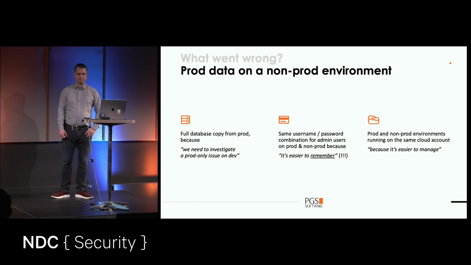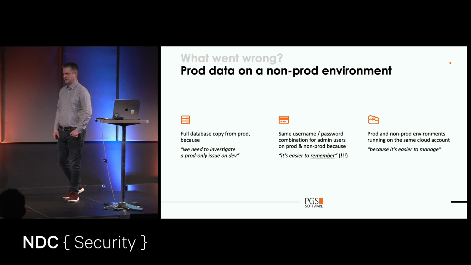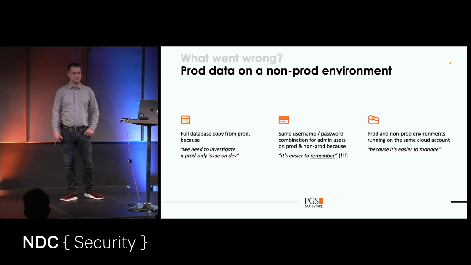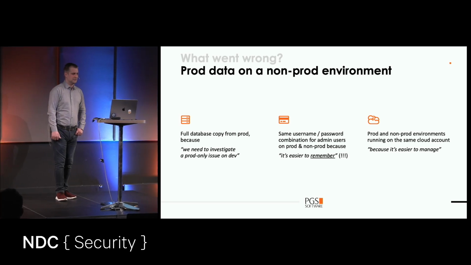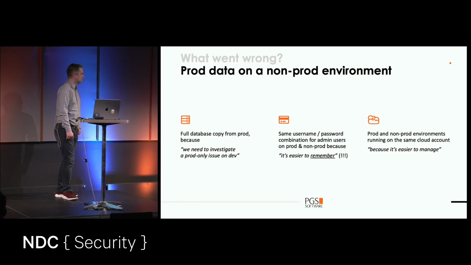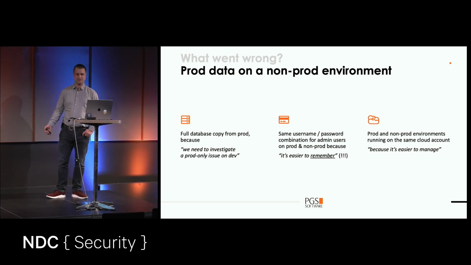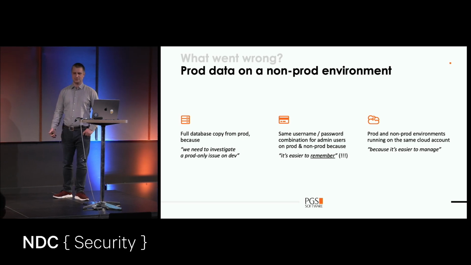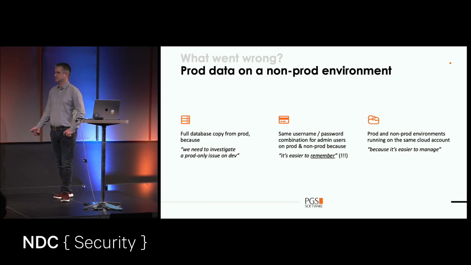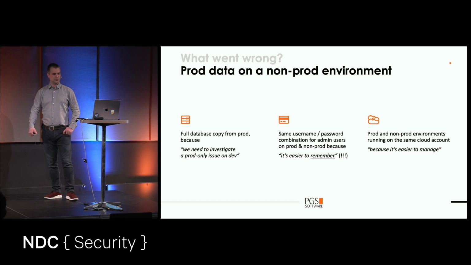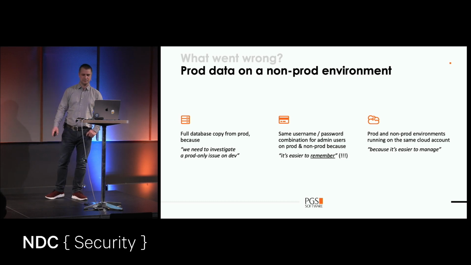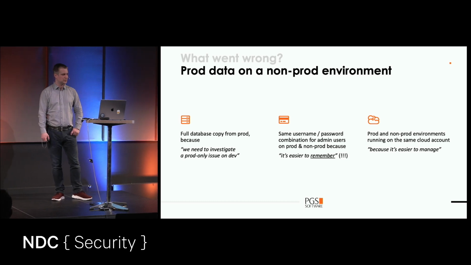But it's not a good idea, because then, first of all, you break many rules. GDPR doesn't like you, etc. But you also have your production data on non-prod, which is not that secure, because you excluded it from pen tests. And if I get to a non-prod, then I can simply, using the same credentials, get to prod.